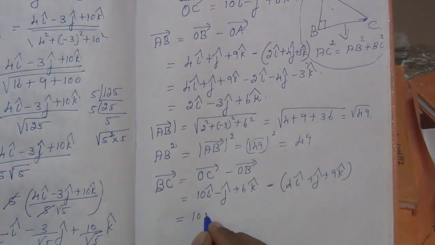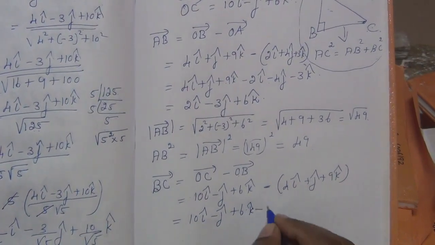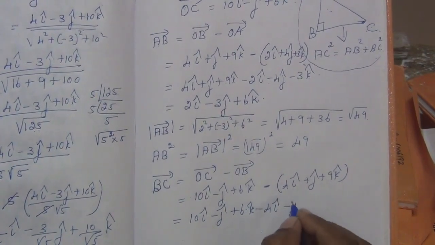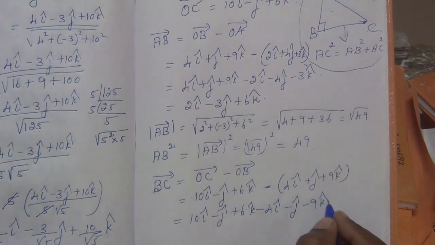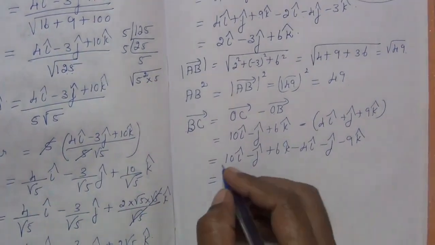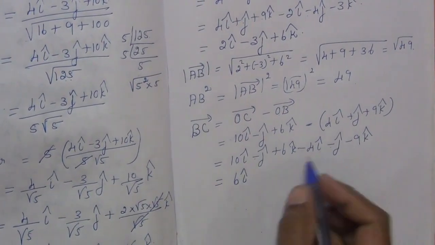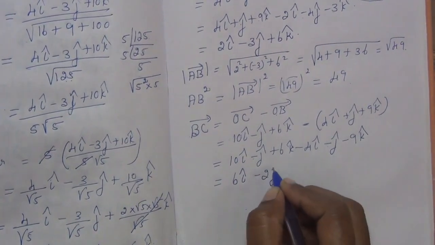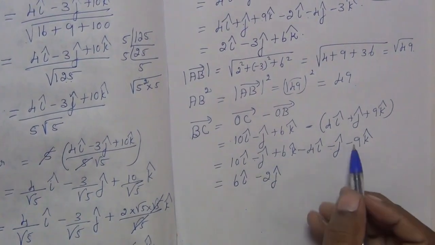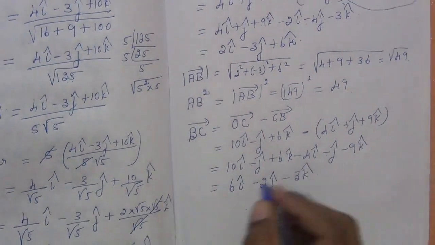So that is 10i cap minus j cap plus 6k cap minus 4i cap minus j cap minus 9k cap. Now we can subtract and write: 10i cap minus 4i cap, that is 6i cap. Minus j cap minus j cap is minus 2j cap. 6k cap minus 9k cap is minus 3k cap.